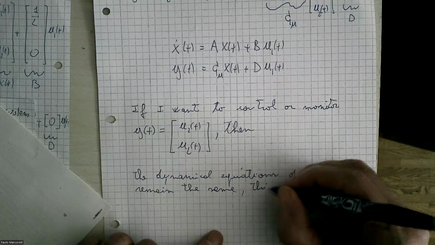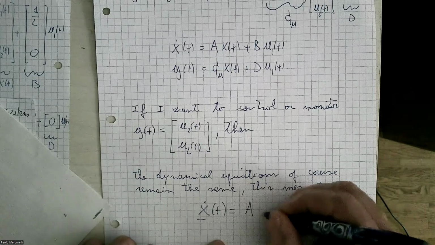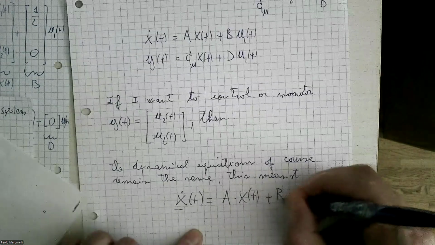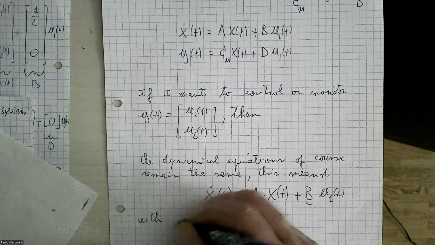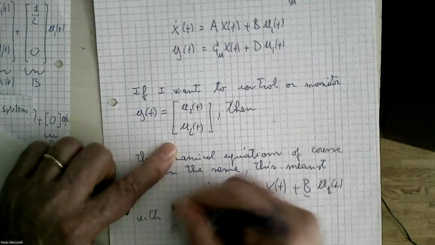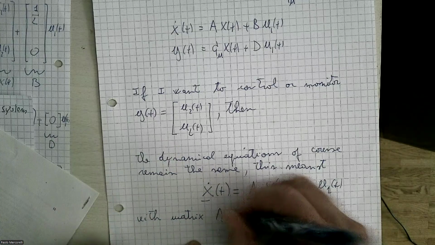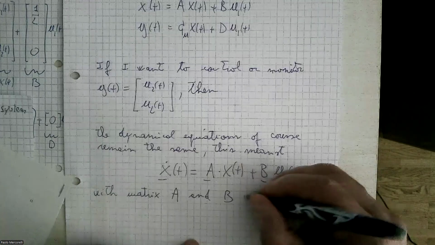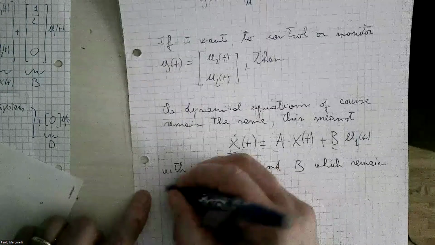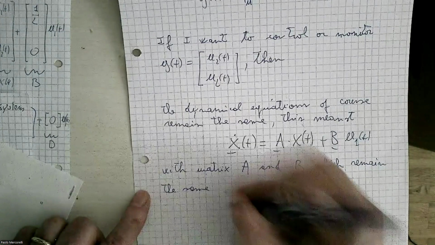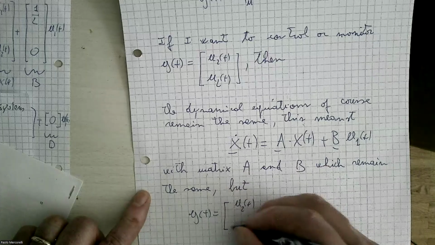This means x derivative vector equals A multiply x of t plus B multiply u1 of t, with matrices A and B which remain the same, but y of t equals U2 of t, UL of t.